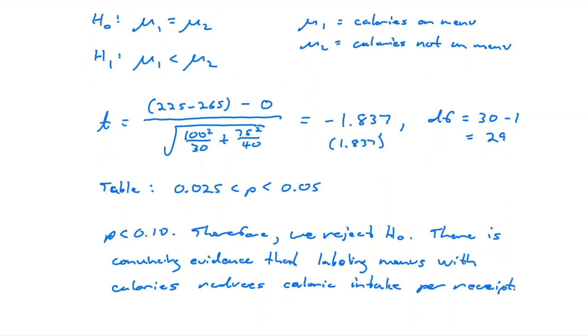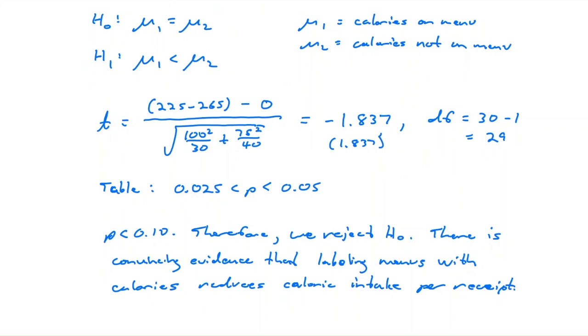But there is a difference, right? So if I label my menu with the calories, the evidence, at least as far as these samples go, would show that it does, right? There's a correlation of reduced calories ordered.